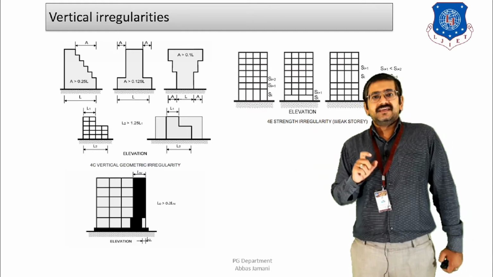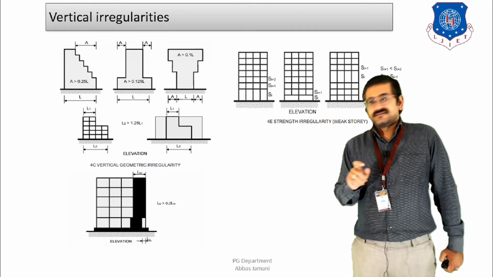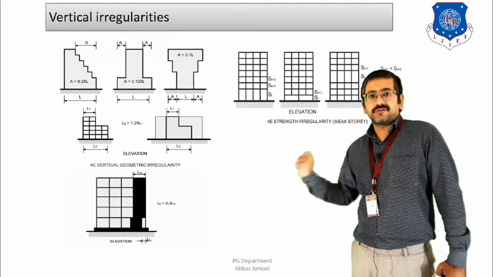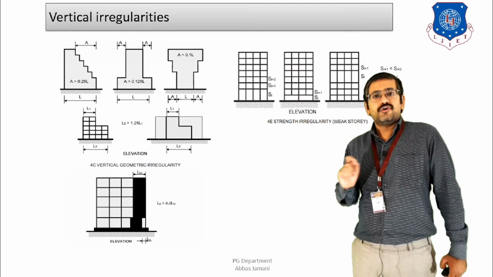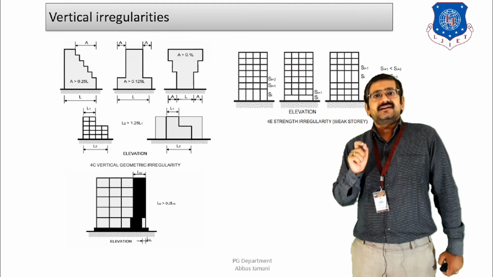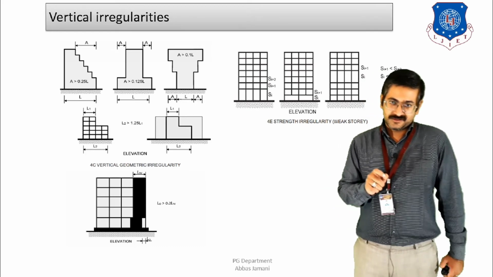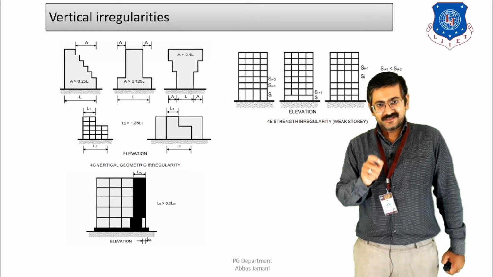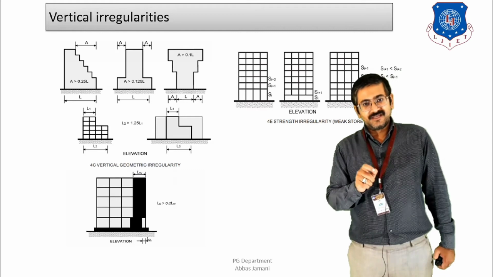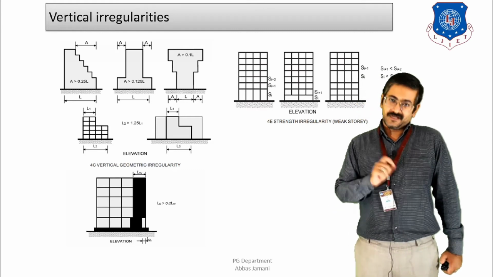The code says that if this offset between the ground floor and the first floor is more than 20% of the dimension at the base, then the structure will be considered as having vertical discontinuity, that is, in-plane discontinuity of the vertical element.